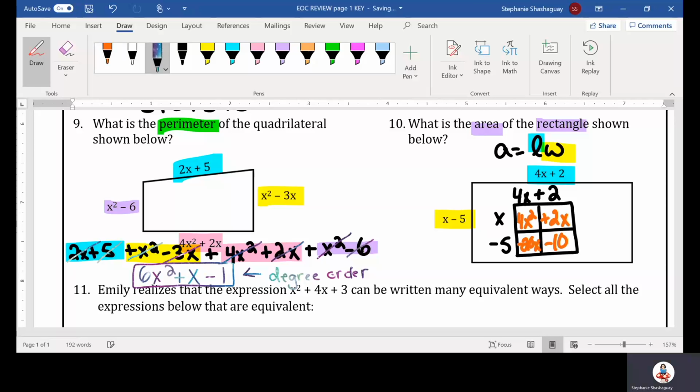So when I pull those out, I'm going to get 4x squared. I can combine my negative 20x and my positive 2x, and I'm going to get a negative 18x, and then I have my minus 10.